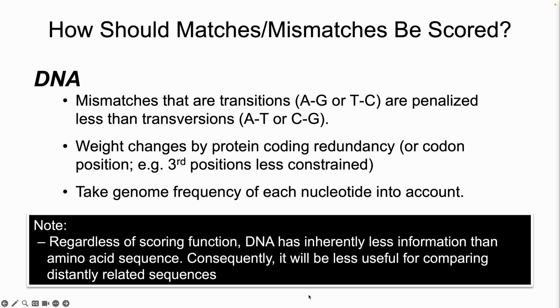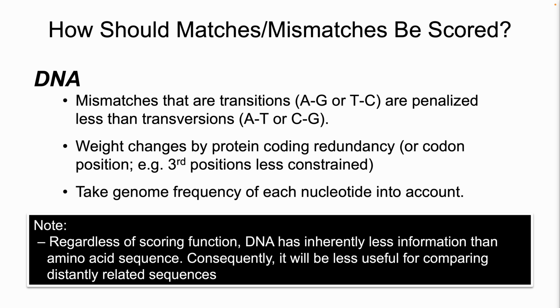The last thing I want to note, because all of my examples have been in DNA or RNA context: DNA and RNA have inherently less information than amino acid sequence. Why is that? This is not really a biology question as much as an analytics question.